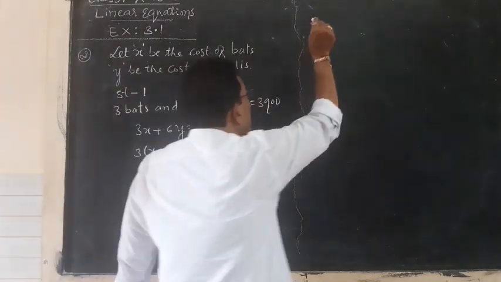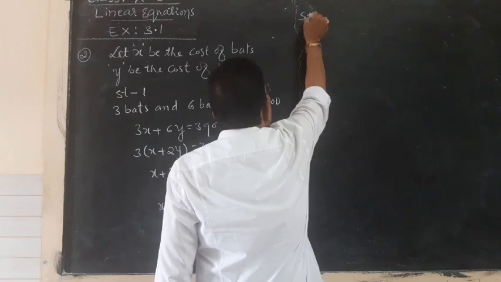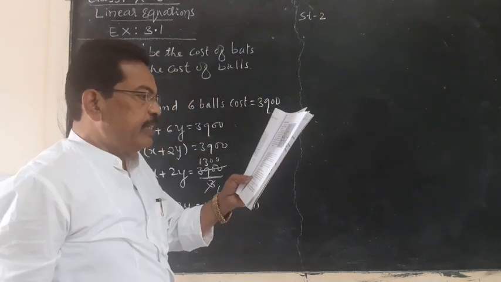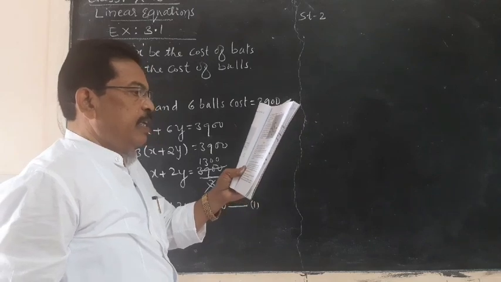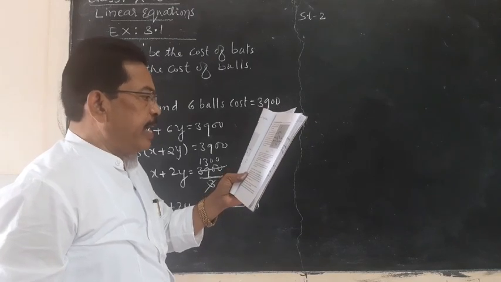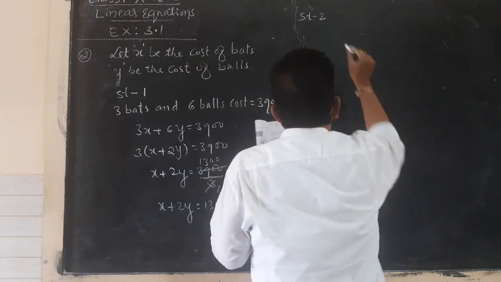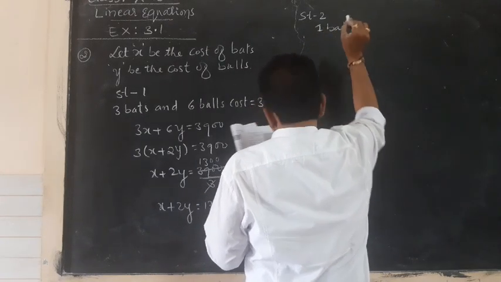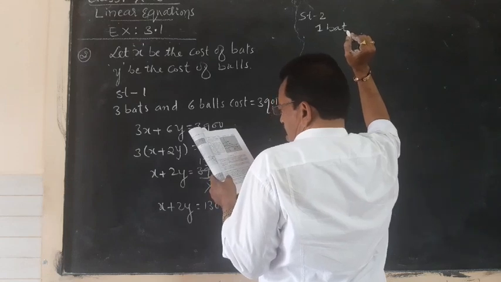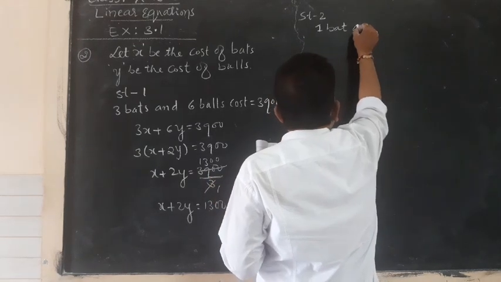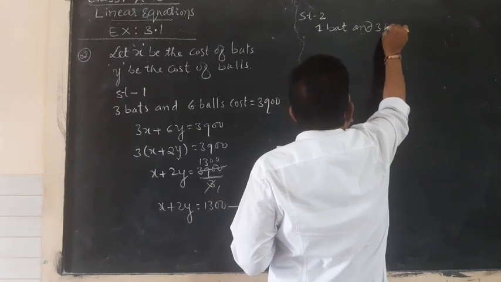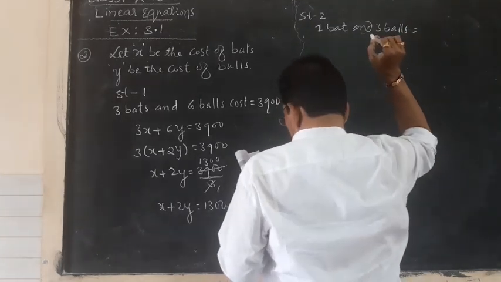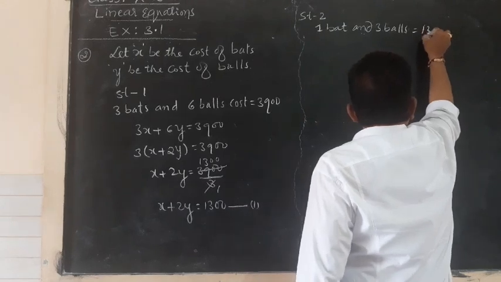According to statement 2, what does it read? Later she buys another bat: 1 bat and 3 balls equals 1,300.